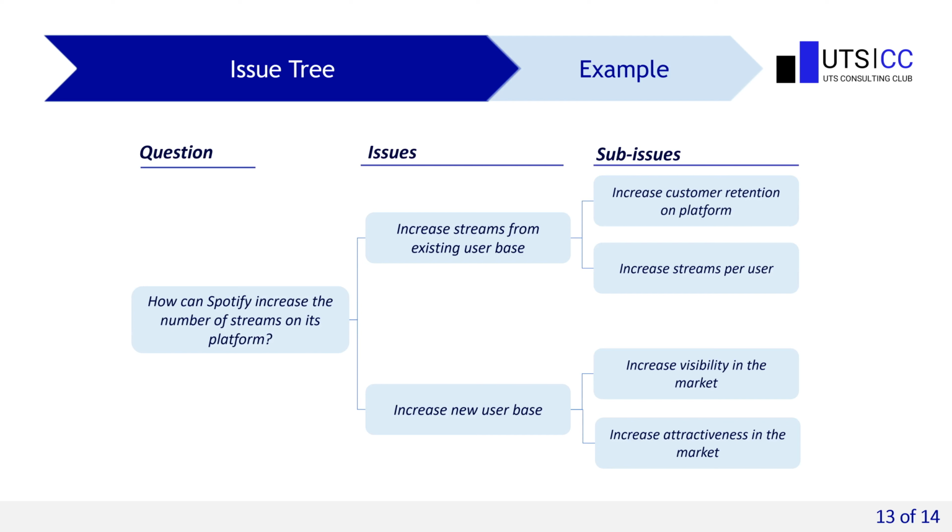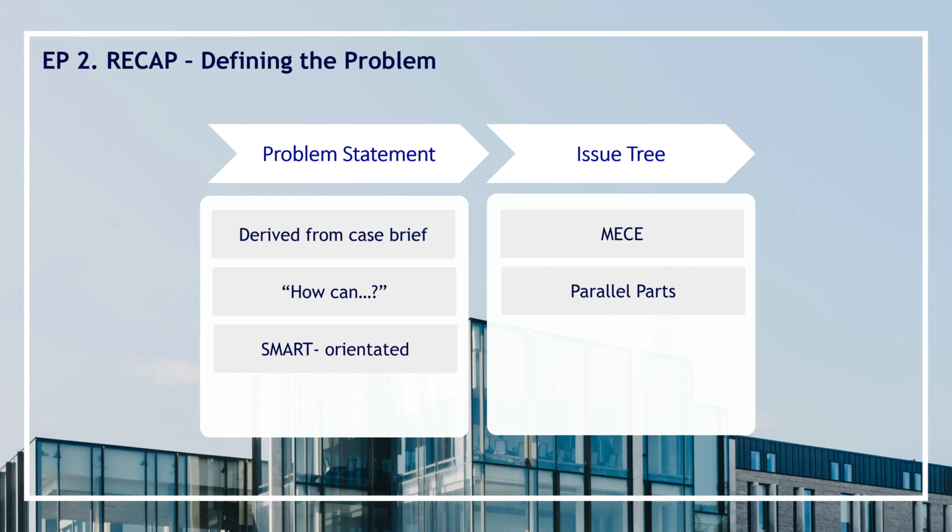Focusing on the main branch, increasing streams from existing user base, break that down further to increasing customer retention on platform and increase streams per user. Similarly, do this to the other main branch, increase new user base. This can be broken down to increase visibility in the market and increase attractiveness in the market. You can then use these problem drivers to come up with your solution.